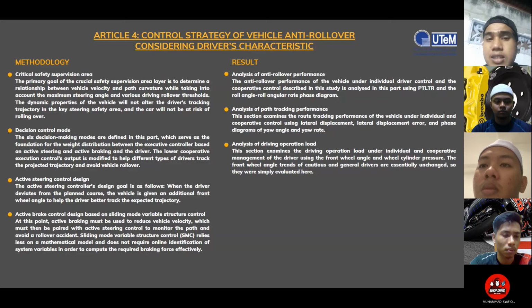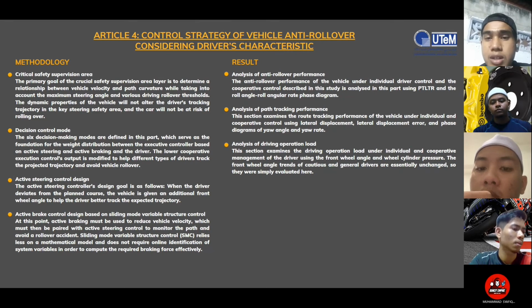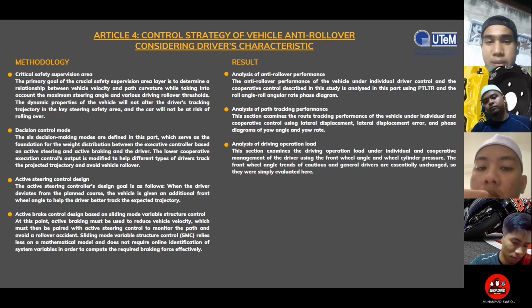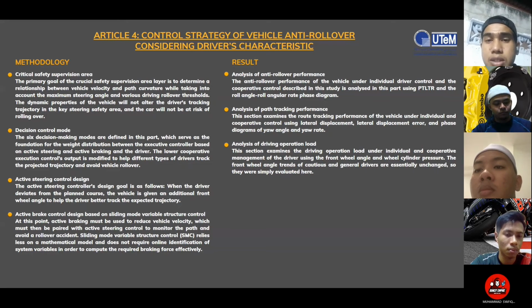Next, decision control mode. The six decision-making modes are defined in this part. They serve as the foundation for the weight distribution between executive control based on active steering and active braking, and the driver. The active steering control design goes as follows.